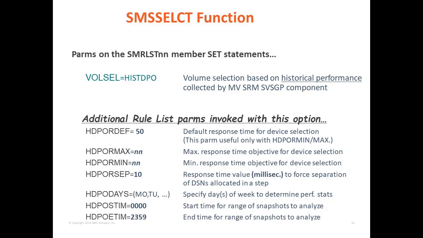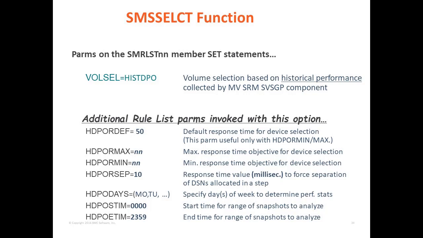The historical DASD performance optimization param for the SMSSELCT set statement is HistDPO. When using HistDPO, then HistDays in the SMMSysXX member should be set to something other than the default value of 0, so that the historical data is collected and retained in the data space.